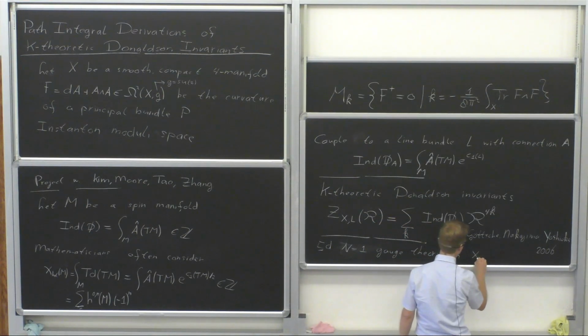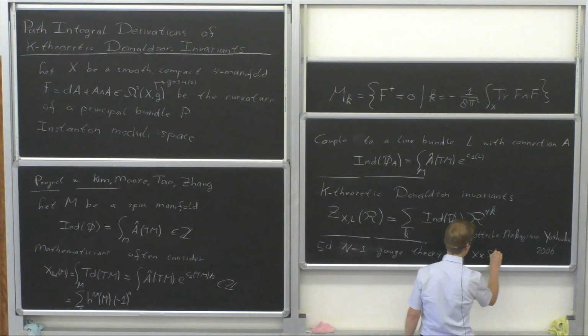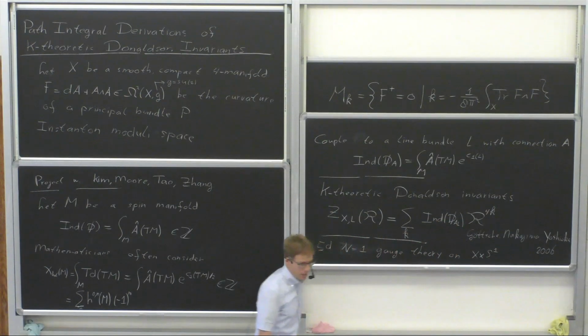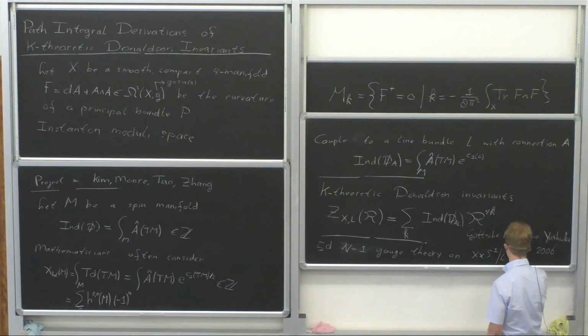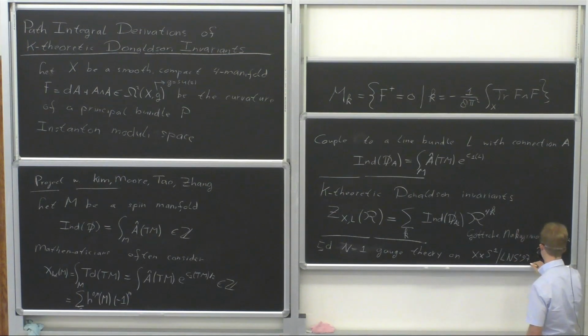On the four-manifold X times S1, and the first references were by Losev, Nekrasov, Shatashvili, from 97 actually. Then there is a paper by Nekrasov from 96.